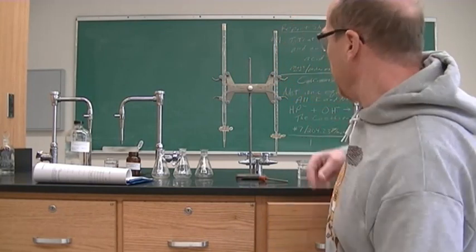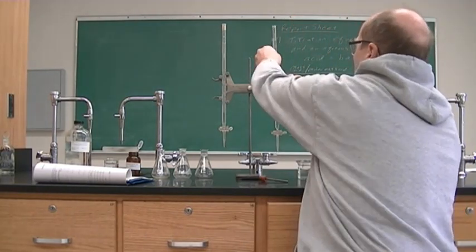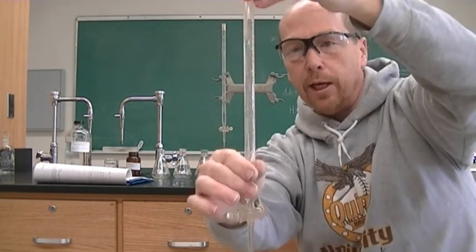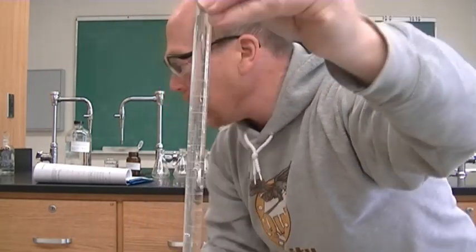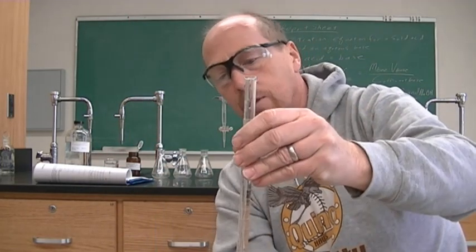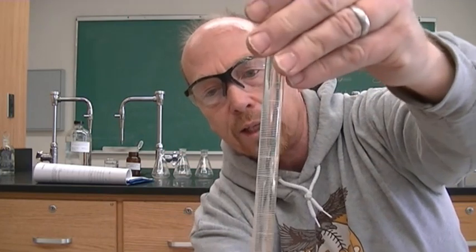All right, I filled the NaOH burette up, and I got rid of the air bubbles down here. But as you may be able to see, there are some air bubbles on the sides. Now you have to get rid of the air bubbles on the sides, so I'm going to tap it with a rubber stopper on a glass rod. I don't know if you can see the air bubbles coming up.